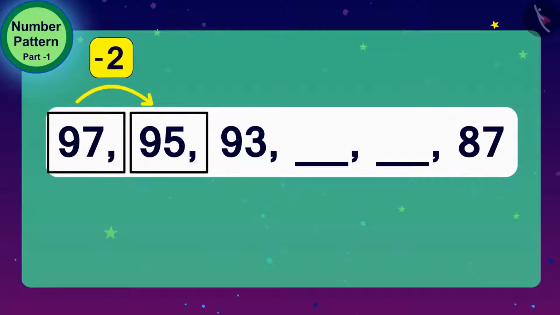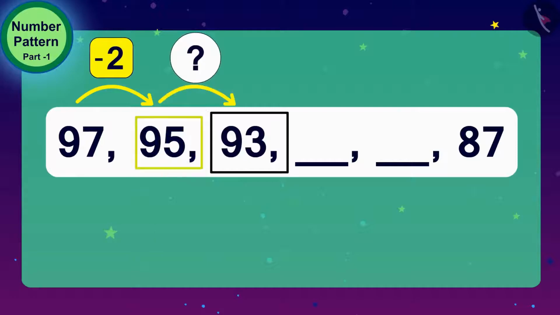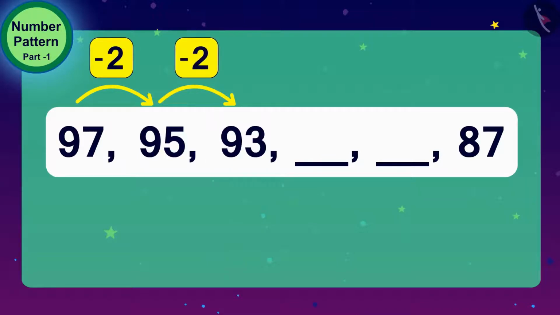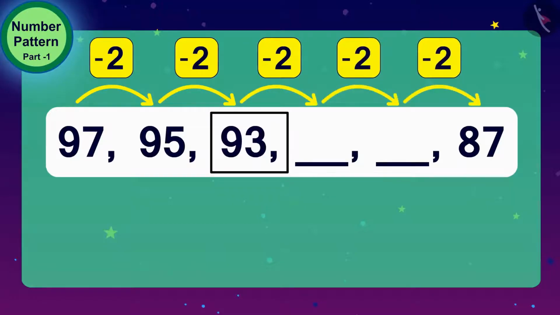And what to do to get 93 from 95? Exactly. Once again, subtract 2. So, to get the next number in this number pattern, we need to subtract 2 from the number before it.